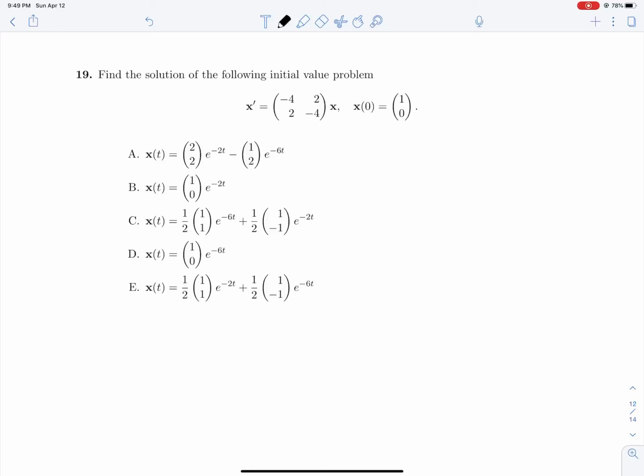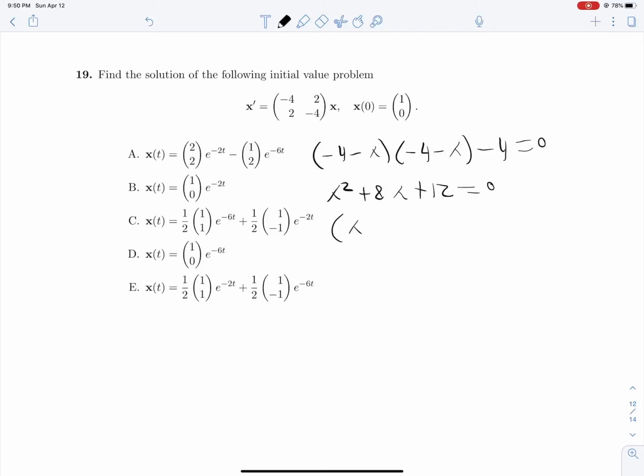19, let's find the solution to this initial value problem right here. So we're using the eigenvalue method. We're going to find our eigenvalues first. That is (-4 - lambda)(-4 - lambda) minus 4 is equal to 0, or lambda squared plus 8 lambda plus 16 minus 4, which is plus 12, is equal to 0.